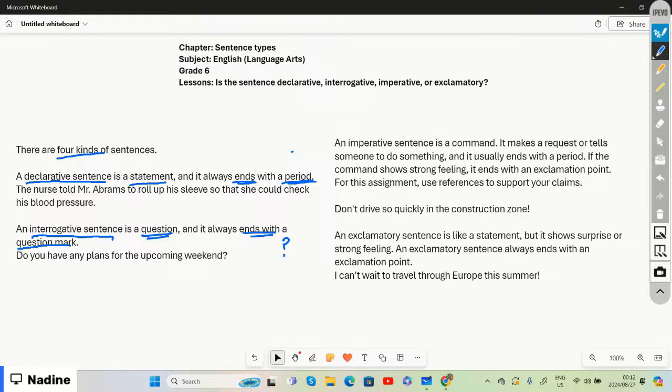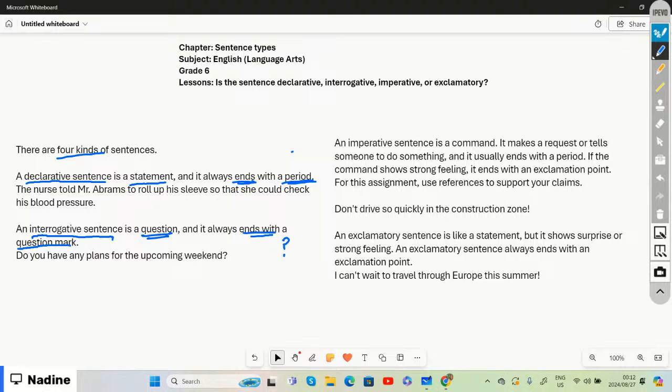An example is, do you have any plans for the upcoming weekend? Have you studied for the test? May I get a lift with you to the park or the zoo? Are you going on the school excursion?